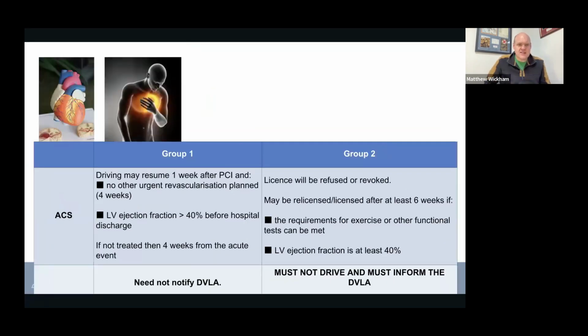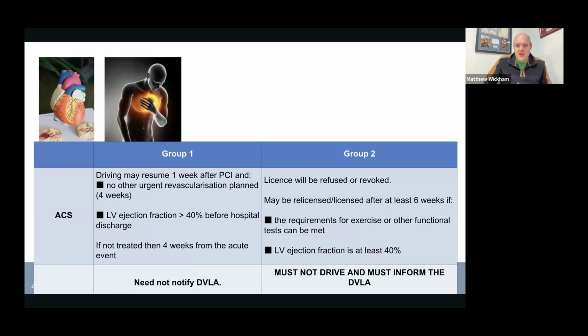After a heart attack, so ACS, if you've had a normal PCI, you may drive after 1 week, and you must have a left ventricular ejection fraction greater than 40% before hospital discharge, i.e., have they had an echo? If it's not treated, so you've had a rise in troponin and they're doing medical management, you've got to have at least a month from the acute event, and they may not need to inform the DVLA. Group two, this is your lorry drivers, license will be refused or revoked.